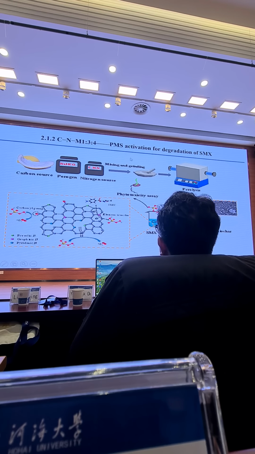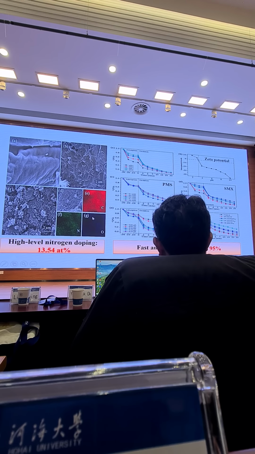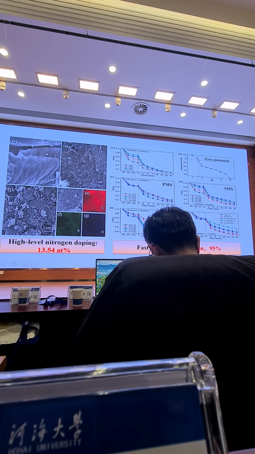We also look at PMS activation for degradation of SMX. You can also see the high level of nitrogen content, making it fast and efficient: roughly 30 minutes, removing about 95%.